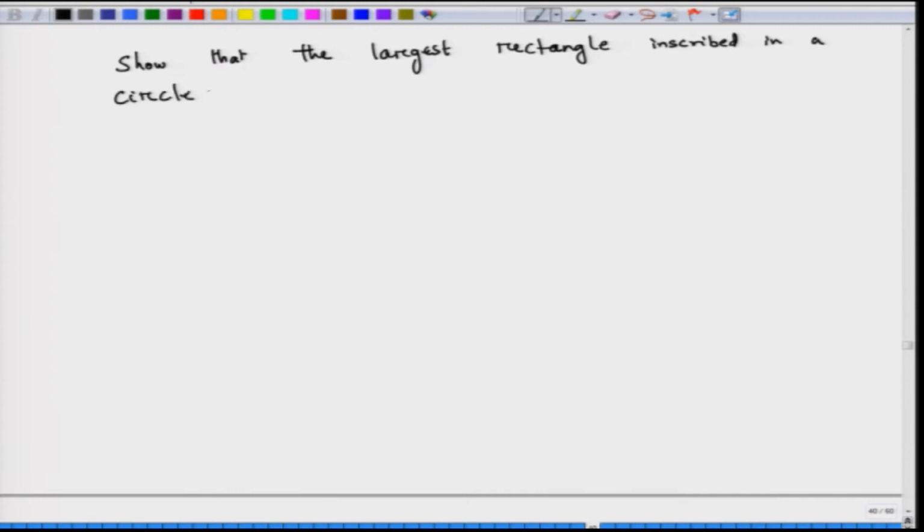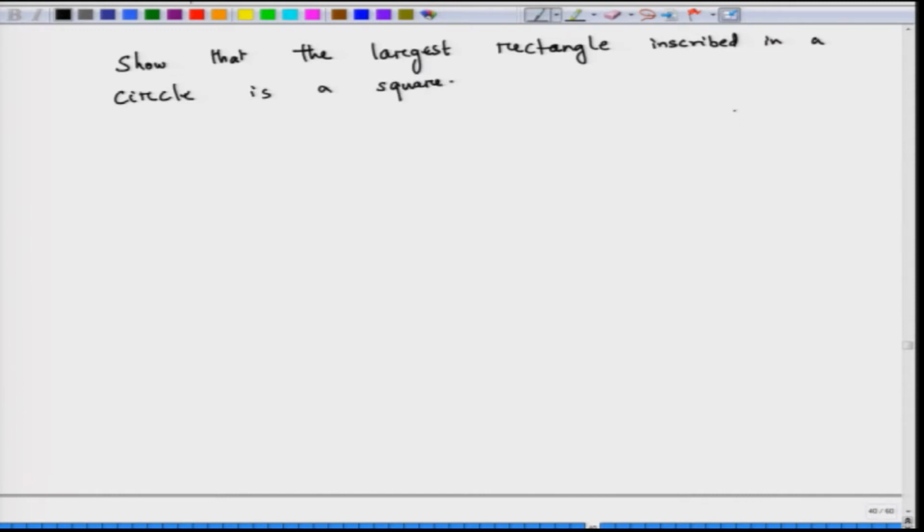So, let us see, for example, this is the problem: the largest rectangle inscribed in a circle is a square.